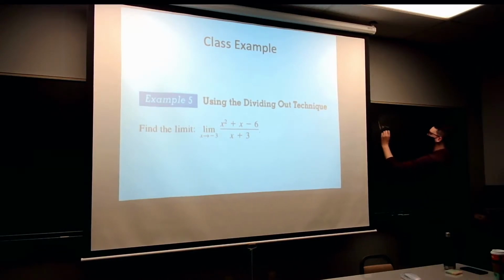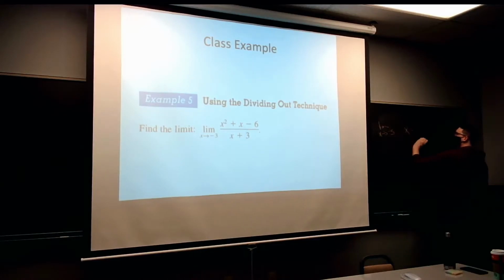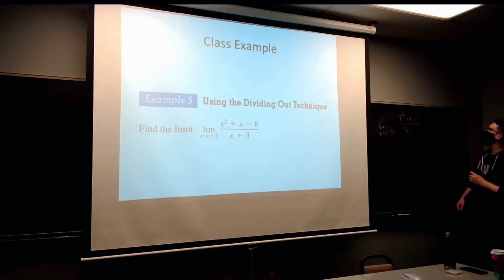The limit as x approaches -3 of x plus 3 over x squared plus x minus 6. Factoring out this numerator, it's going to come out to look something like x plus 3 times x minus 2 over x plus 3. I'm going to put the limit out front.